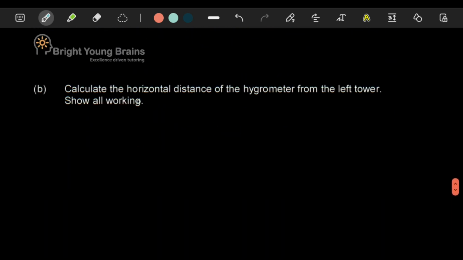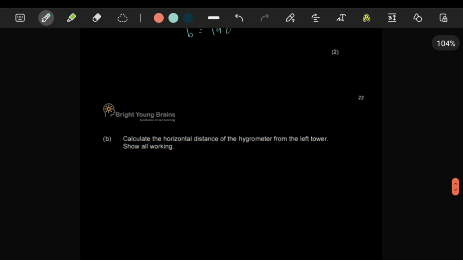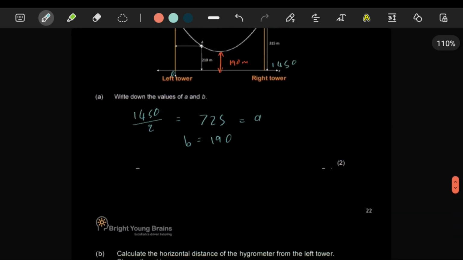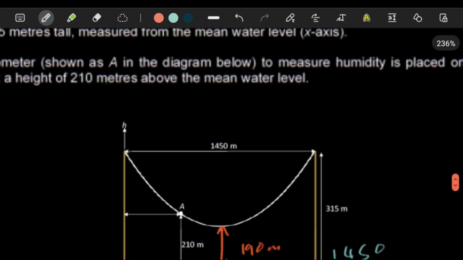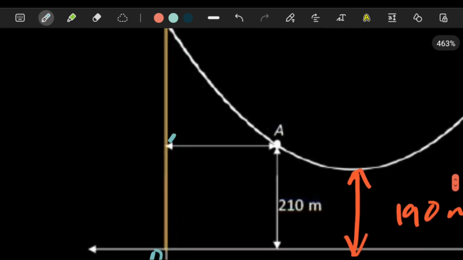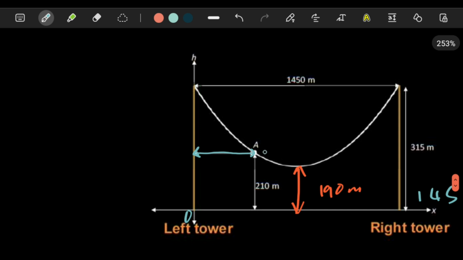And then it says calculate the horizontal distance of the hydrometer from the left tower. Okay, the horizontal distance, meaning we have to calculate this distance here, because horizontal means from left to right. So the good news is you just want the x value of A. That doesn't look like it is going to be difficult.